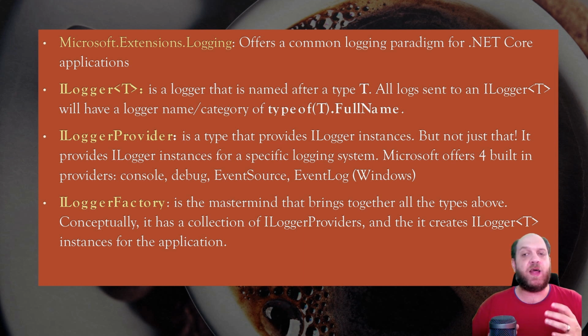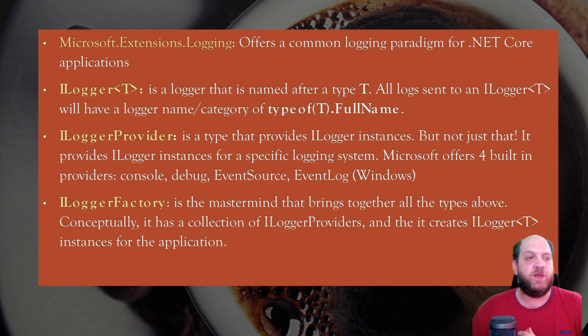And then we have the ILoggerFactory, which is the mastermind that wires everything together. It has a collection of ILogger providers, and we can add logger providers to the factory. Then it can create loggers that are associated with those logger providers.